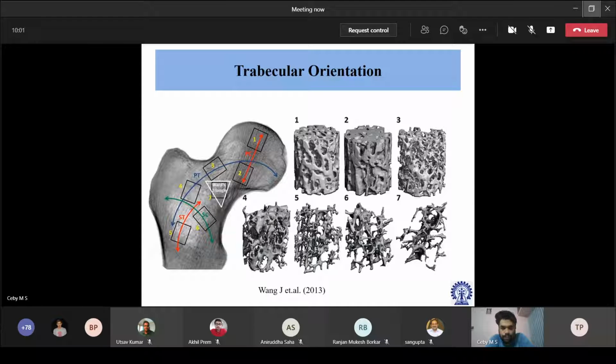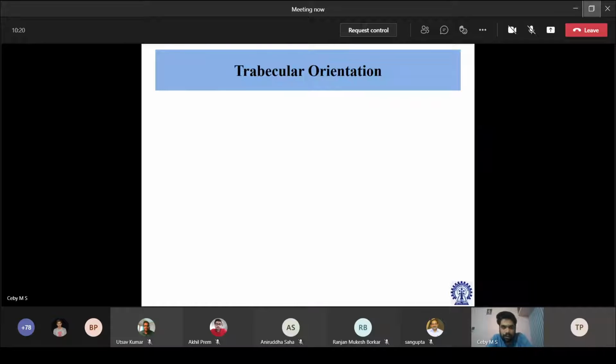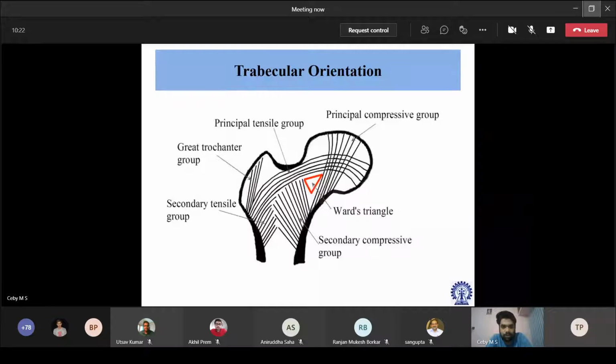So it is more clear here that in the region near Ward's triangle, the trabeculae are almost not present. That's why we have an area of absence of trabeculae. The other trabecular groups are principal tensile, principal compressive, greater trochanter group, secondary tensile, and secondary compressive group.